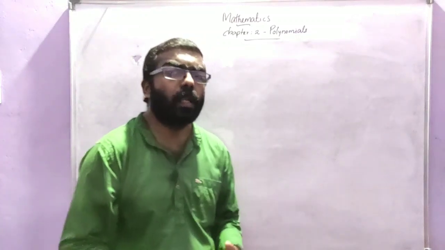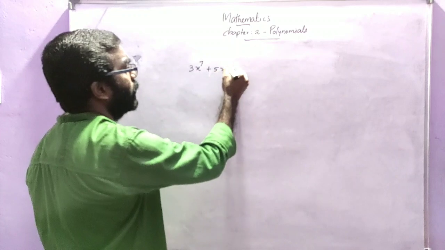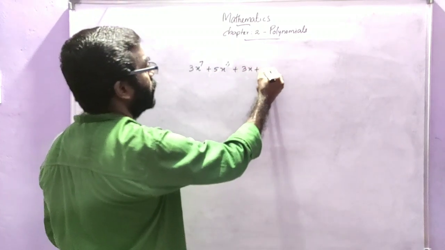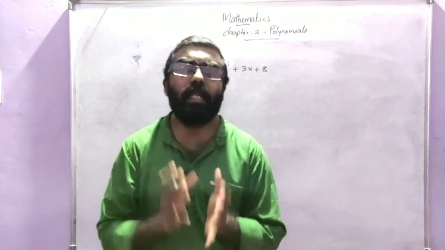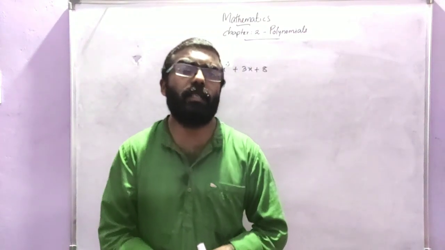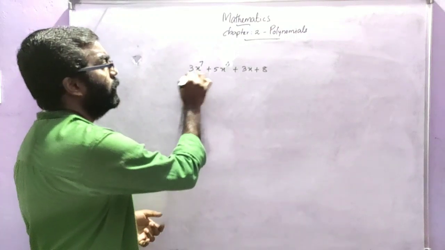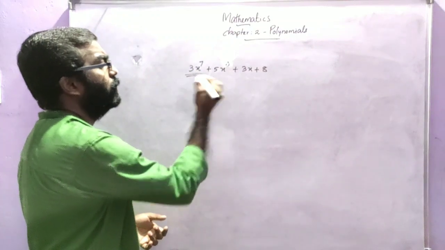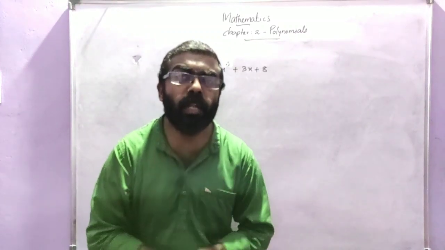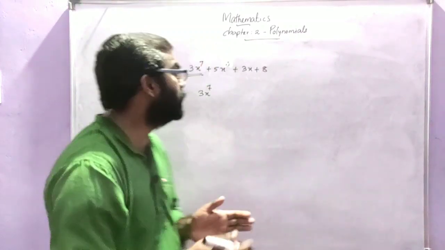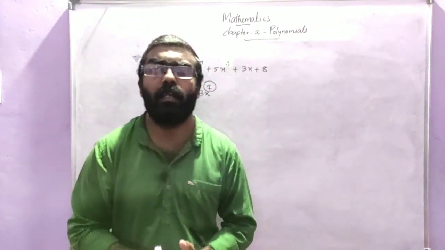Okay. Now look at the polynomial 3x raised to 7 plus 5x raised to 6 plus 3x plus 8. Okay. So here, what is the term of the highest power of x? Term with the highest power, it is 3x raised to 7, and the exponent of x in this term is what? 7. Exponent is 7.